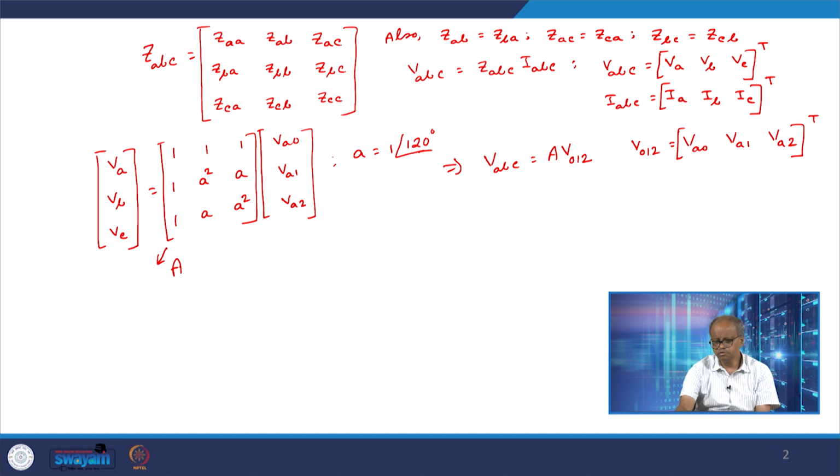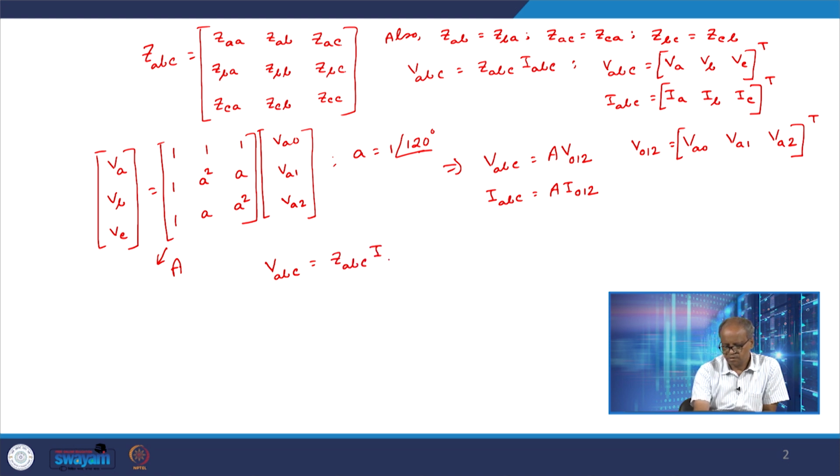In the same way I can write that IABC is equal to A into I012, where I012 is again a column vector of the zero sequence current, positive sequence current as well as the negative sequence current.